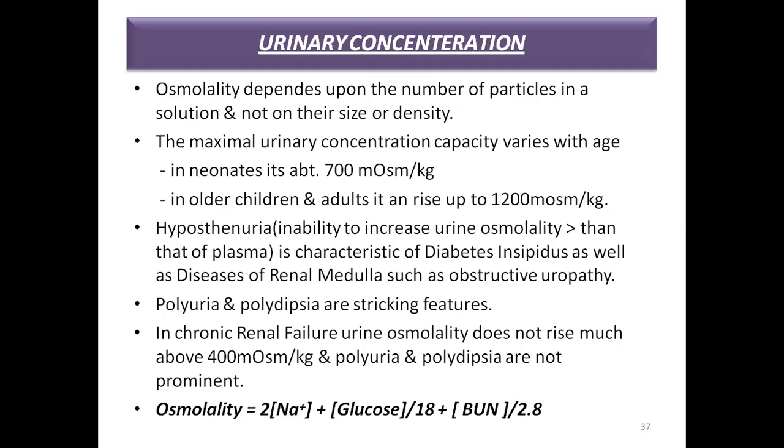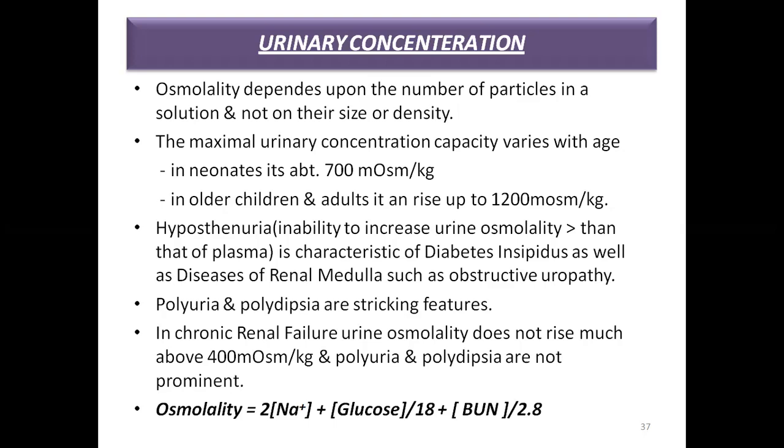It is the inability to increase urine osmolarity more than that of the plasma. This is a very characteristic feature of diabetes insipidus as well as diseases of the renal medulla such as obstructive uropathy. In these cases, we will find the same concentration or less concentration as compared to that of the plasma.